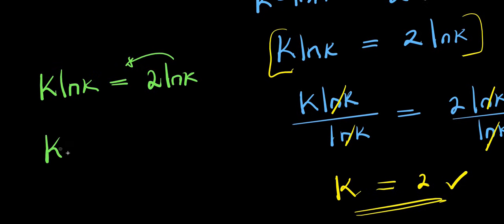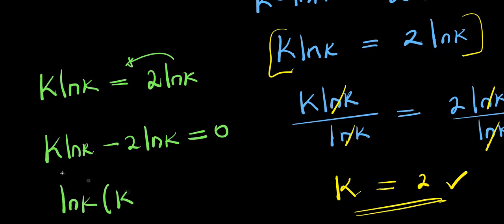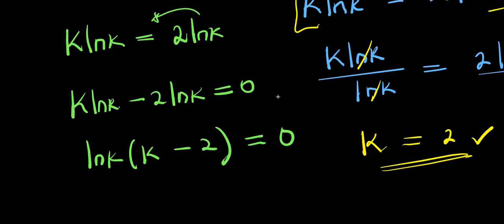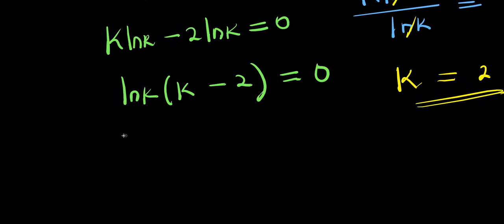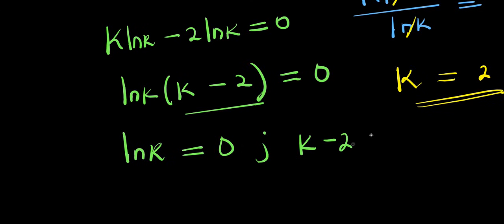We have k times natural log k minus 2 times natural log k equals 0. I can factor out natural log k: if you factor out natural log k, you have k left here, minus 2, equals 0. So at this particular point, I have natural log k equals 0. I also equate this to 0: I have k minus 2 equals 0.